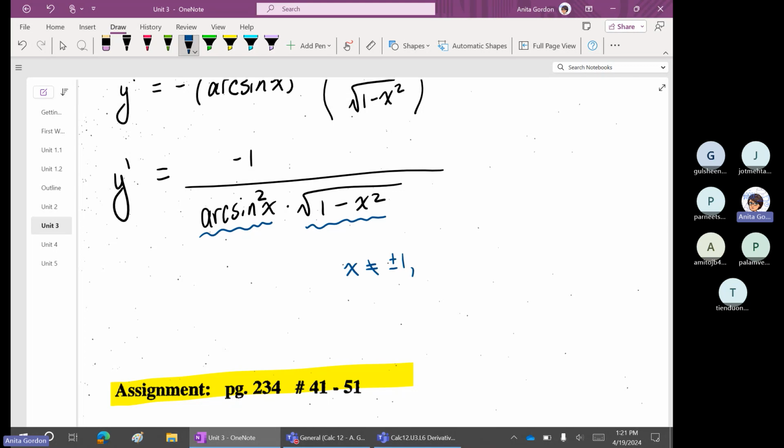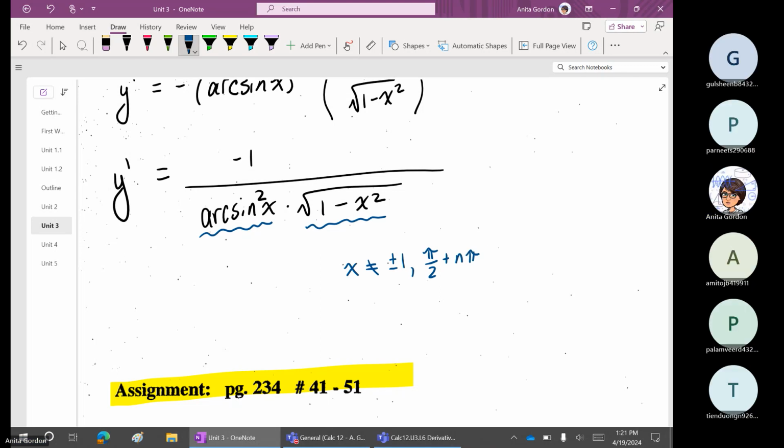Pi by 2, right? Or n pi. Sorry, it's just n pi. Pi by 2, arc sine is 1. So 0, pi, 2 pi, 3 pi.